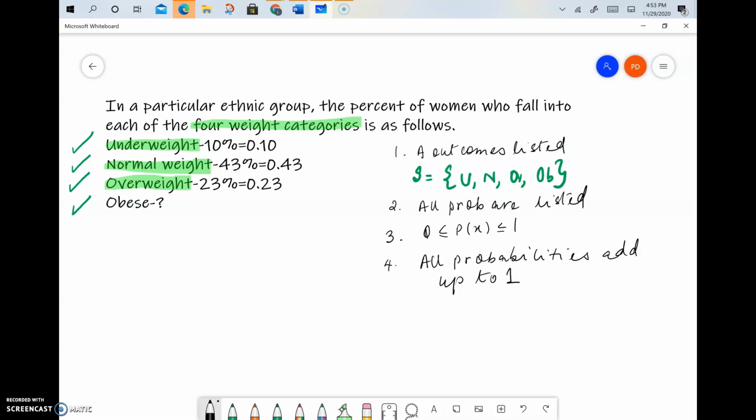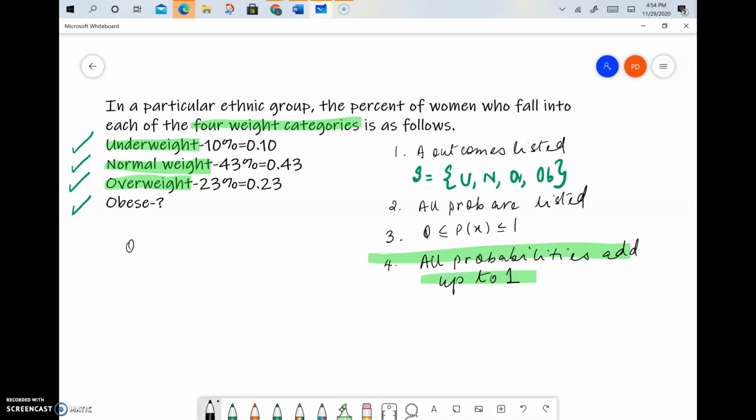So this is what we're going to use in order to calculate the probability of, or the percent of, women that are obese, or the probability of selecting a woman who is obese.